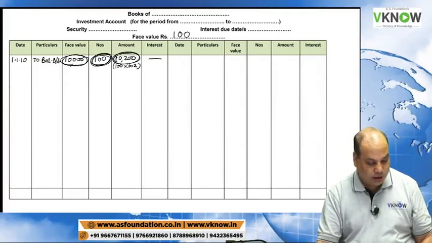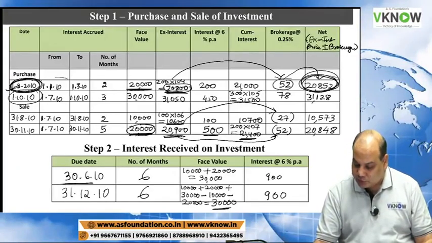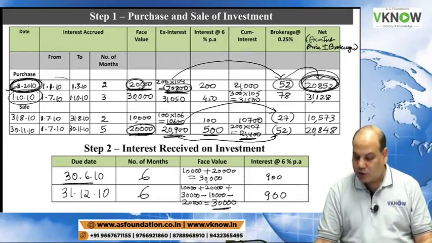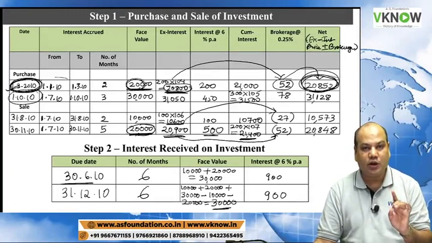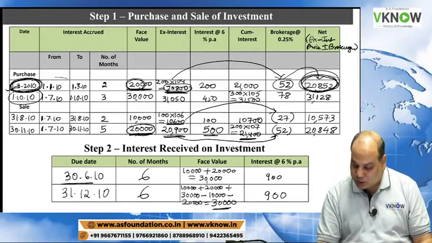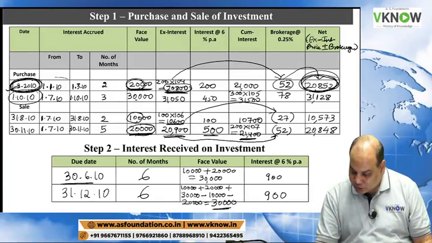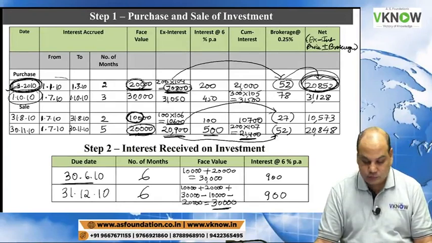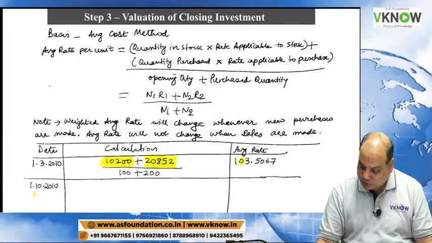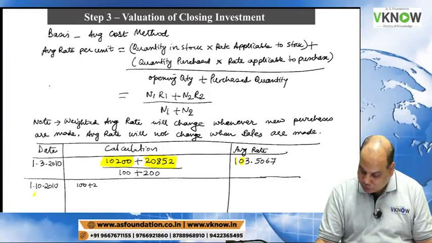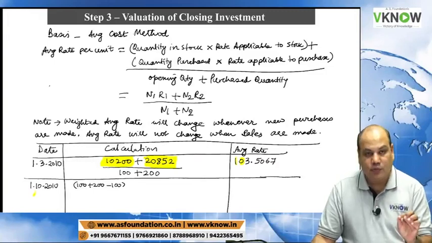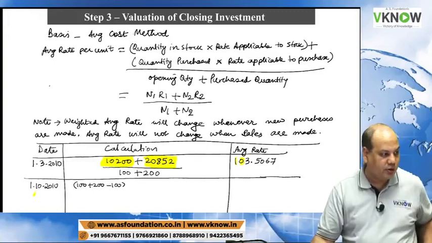Take 100 on the calculator, plus we purchased 200 units on 1st March. 100 plus 200, but before 1st October we sold 100 units on 31st August. So we have 100 plus 200 minus 100. This is the quantity we are holding on the date of the new purchase, that is 1st October.